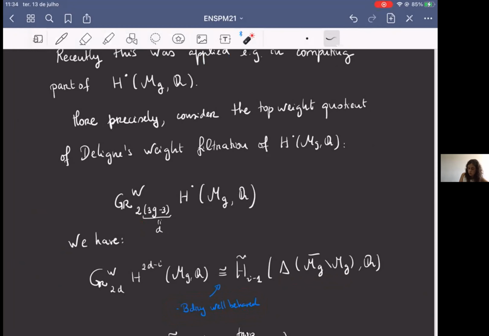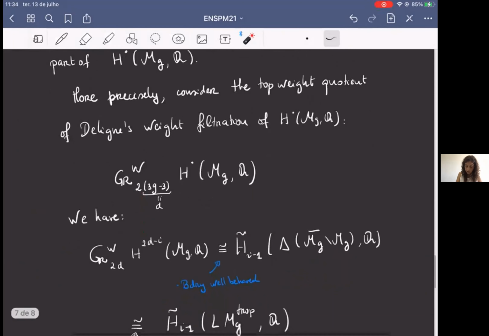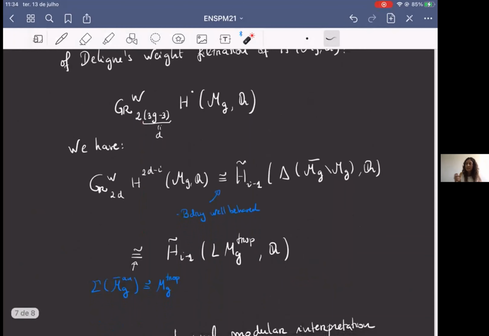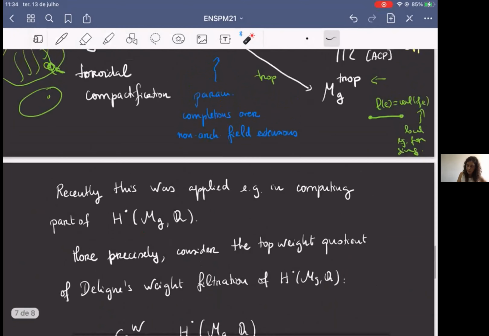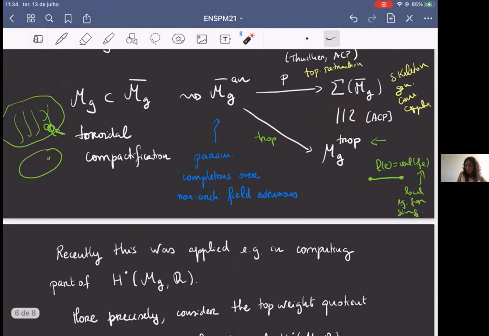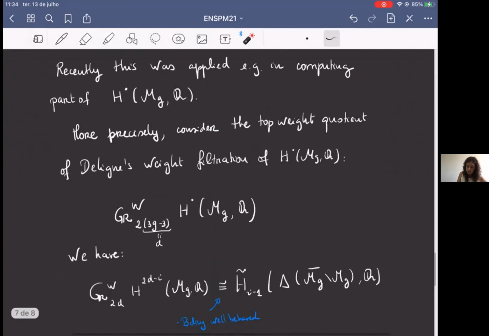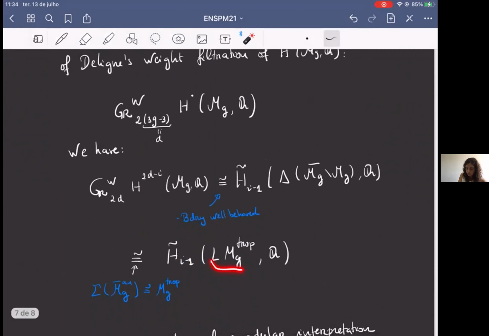Originally this was proved for simple normal crossings compactifications of varieties, but as I said, this has been recently generalized for normal crossings, as we have in this situation, and also for normal crossings and toroidal embeddings, which is the situation we have here. But then the isomorphism we had before will say to you that the skeleton of this Mg is actually identified with the link of Mg trop.